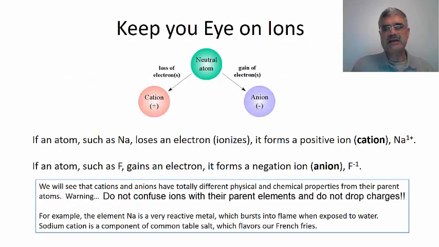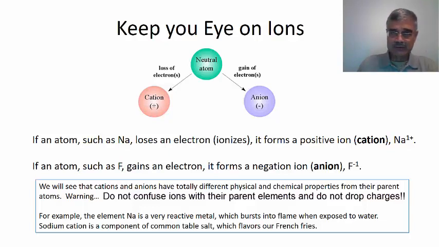Finally, in this chapter, we want to talk about ions. We want to define what an ion is. A neutral atom will have the same number of electrons as protons, so that it will be neutral. But if an atom, such as sodium, loses an electron, a process that we call ionizing, it will form a positive ion, a cation in this case, sodium plus 1.